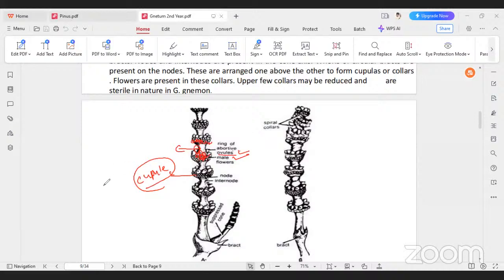Male flower. If we take the male flower, each male flower has the perianth, stalk, and microsporangia. That's it. And on either side, uniseriate capitulum is present like this.